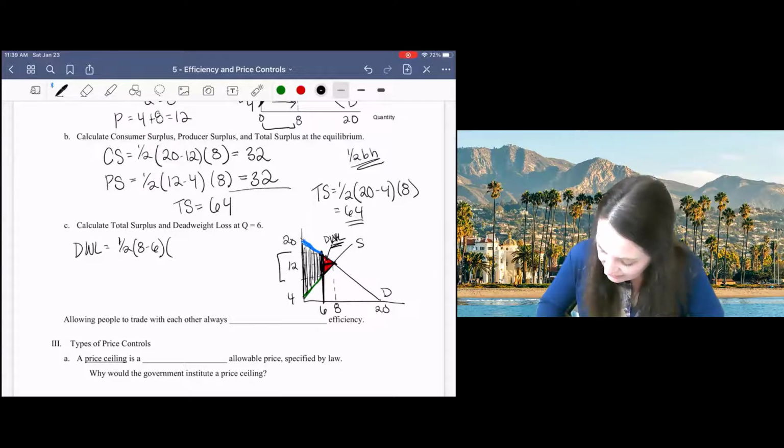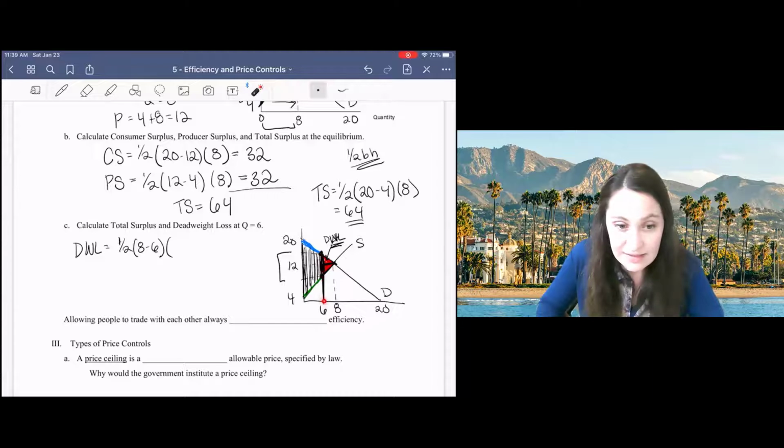To find these prices, you'll notice these are the points along the demand curve and along the supply curve where the quantity is 6, right? So to find these prices, we just need to take 6 and plug it into our demand equation and our supply equation.